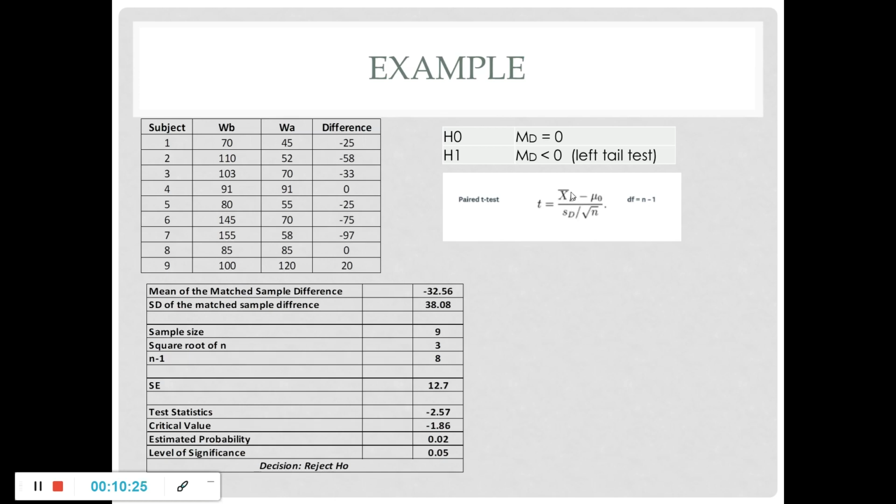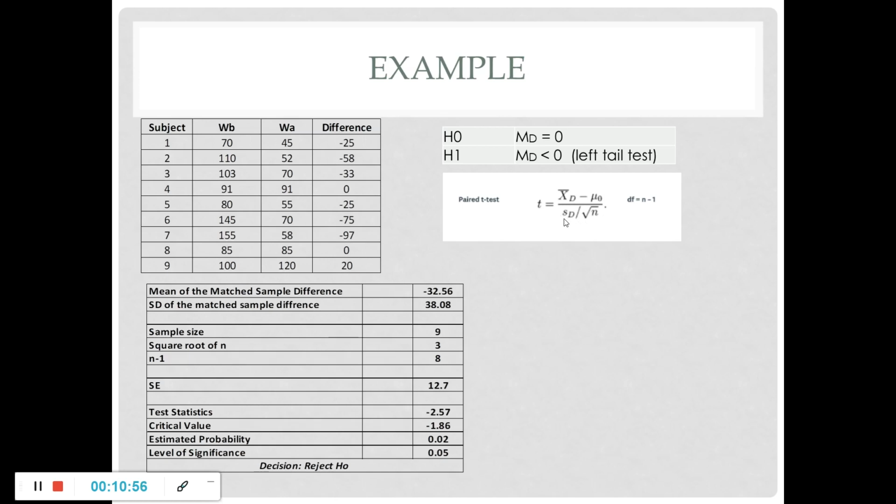Why is it called matched sample difference? Because you are matching the weight of the same person, same subject, before and after undergoing the weight loss program. So you need to calculate the weight difference first. That is the first step, and find out what is the mean of this column.